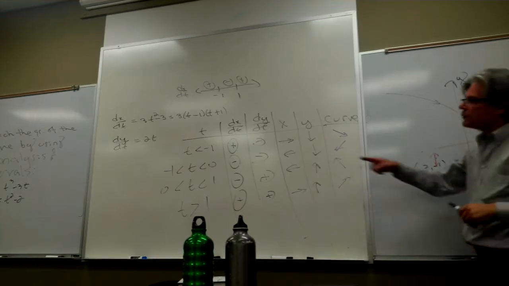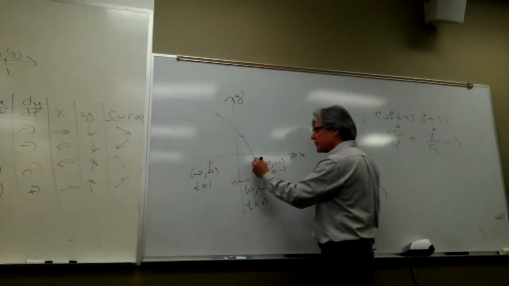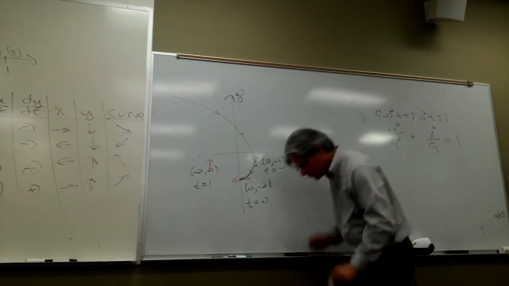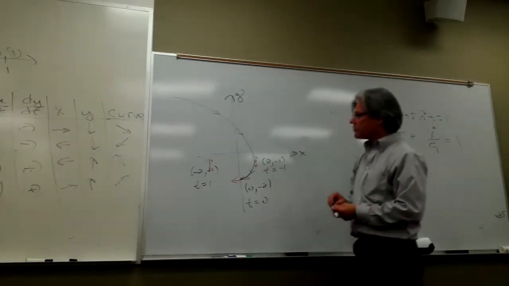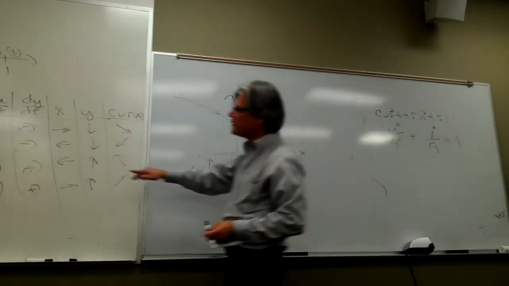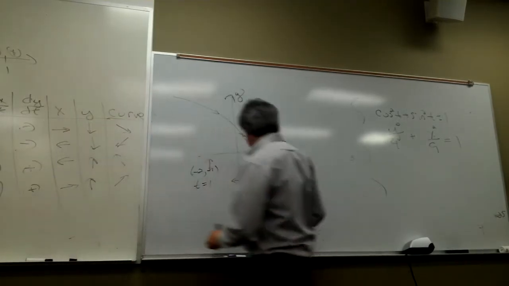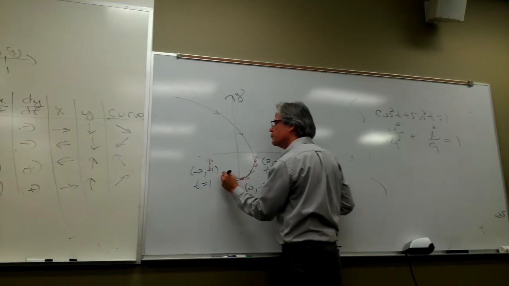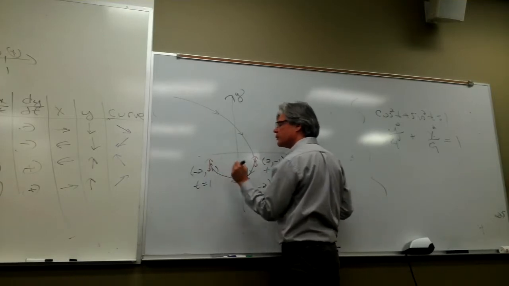Then as t increases from -1 to 0, I move in this direction until I hit the point where t is equal to 0, but that means I'm horizontal because I have a horizontal tangent line there. Next, as t ranges from 0 to 1, from this point to this point, I'm moving in this general purple direction, but I better smoothly get a vertical tangent line when t is equal to +1.